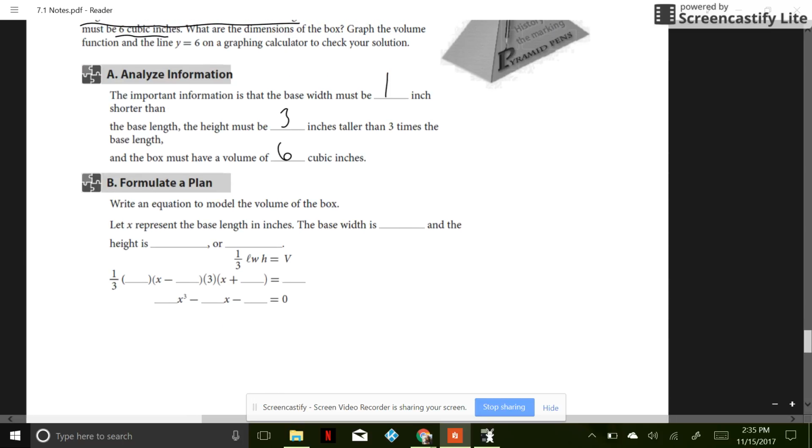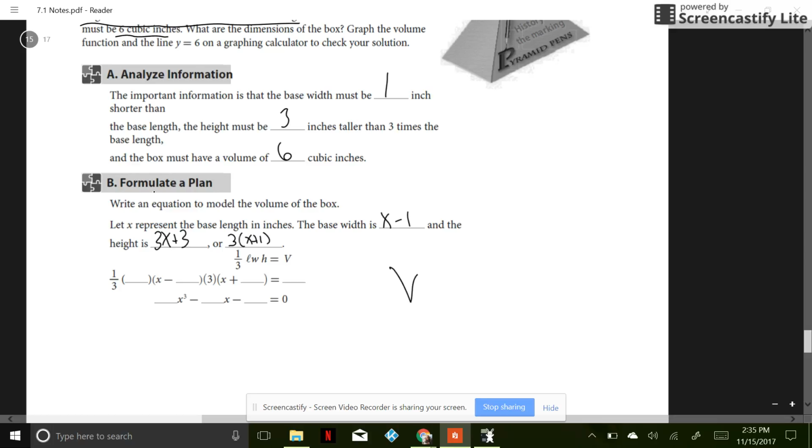So if we let x represent the base length in units, then the base width will be x minus 1, since it has to be 1 inch shorter. And the height is 3x plus 3, because it has to be 3 inches taller than 3 times the base length. Here we can pull out a 3 to get 3 times x plus 1.